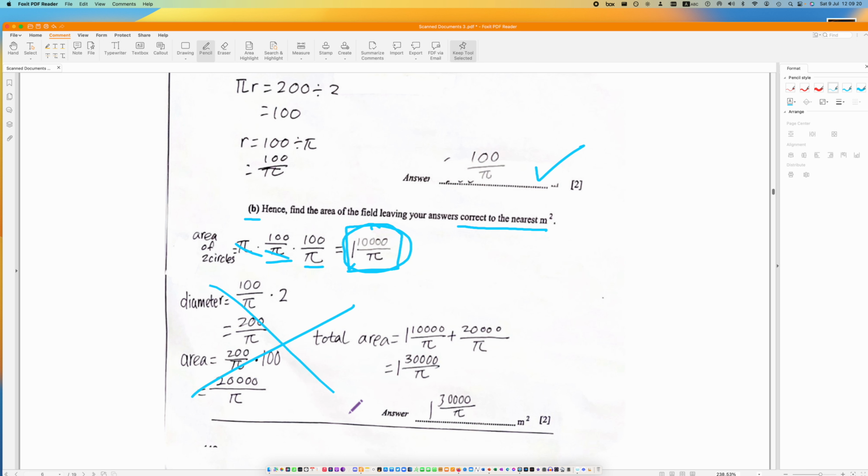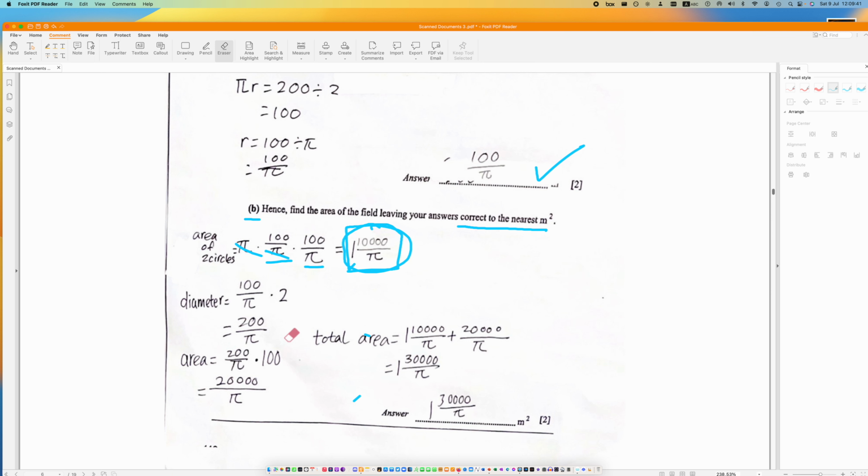No, your this one is no need. The rest is no need. 3184. Wait, I'm so sorry. They want to find the area of what? Of the field.